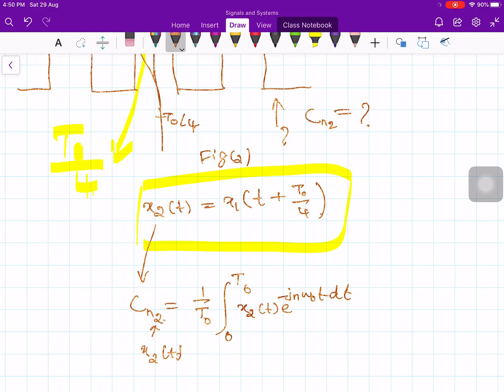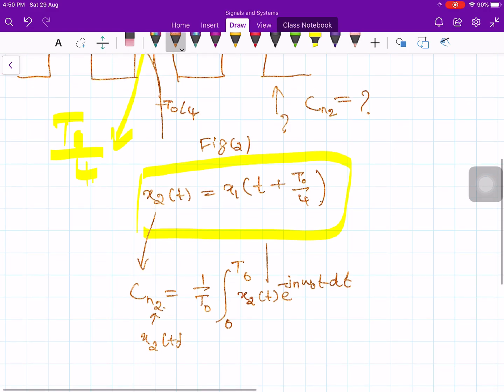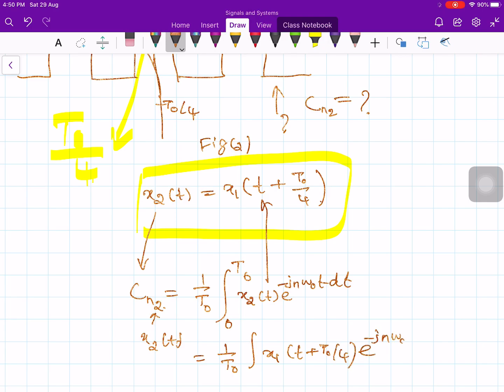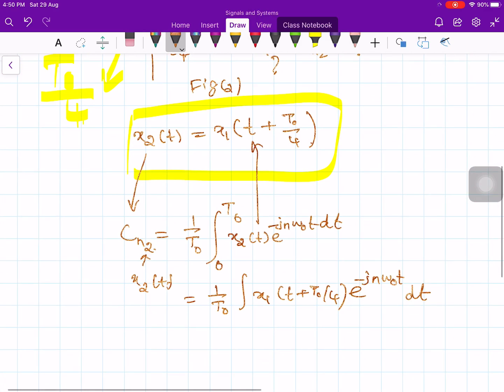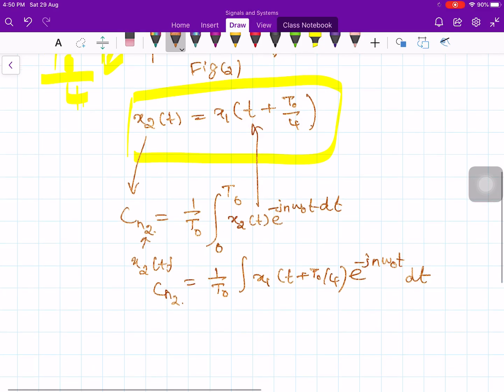What is x2 of t? x2 of t is given here in terms of x1 of t. So Cn2 is 1 over t naught integral of x1 of t plus t naught by 4, e to the minus j n omega naught t dt.